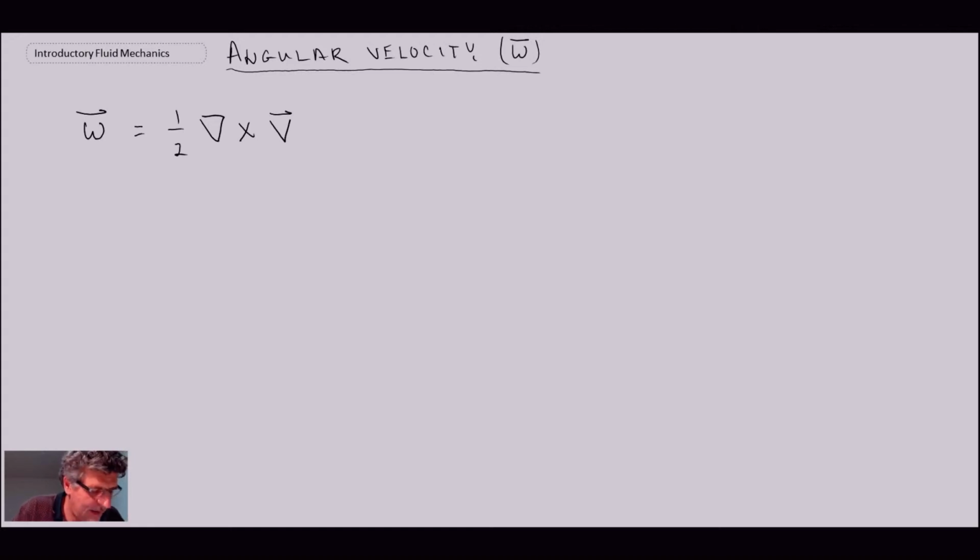And this is also sometimes referred to as the curl of V. So if you hear del cross V or curl of V, that refers to this operator here. And we can expand that out: I, J, K. In the second row we have partial x, partial y, partial z.